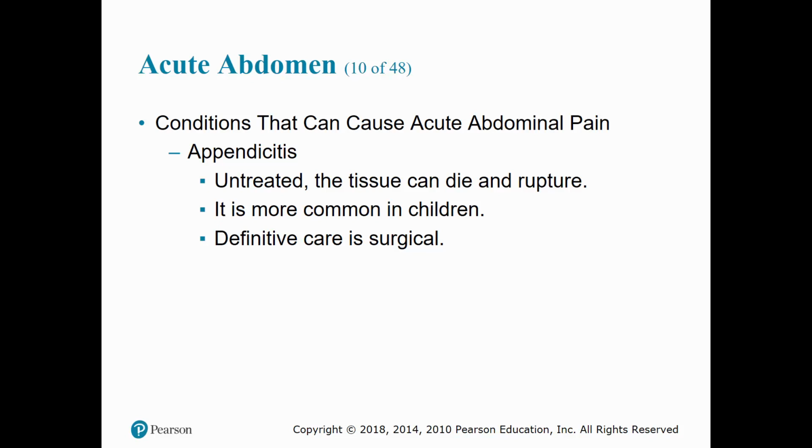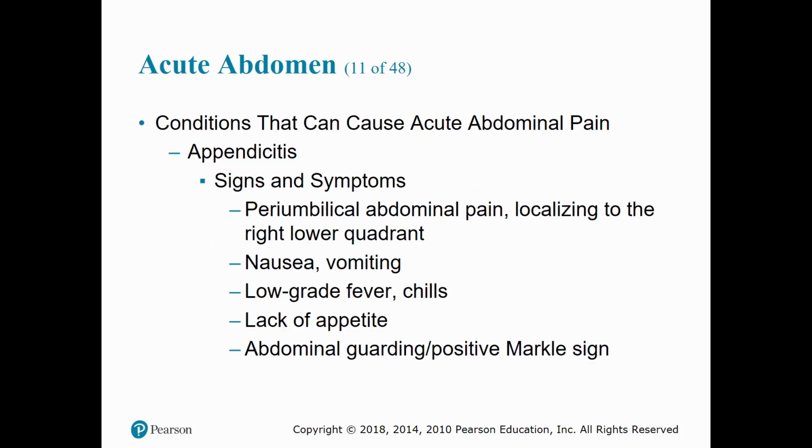Some of the signs and symptoms to look for with appendicitis are going to be the periumbilical abdominal pain. So they're going to have some pain around where their belly button is. It's also going to be able to be localized to the right lower quadrant. They're going to have nausea and vomiting. They may have a low-grade fever with chills. Lack of appetite, which is something common you see with abdominal complaints, is that the patient just doesn't have an appetite because it makes them sick to their stomach.